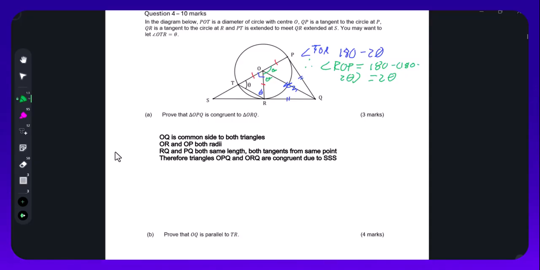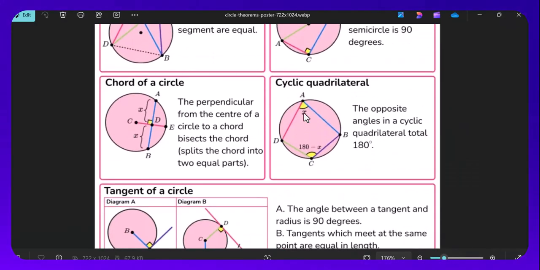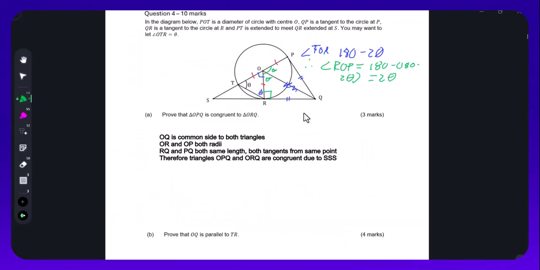Alright, now that we've got that, we have to use the theorem that from the radius down to the tangent ends up being 90 degrees. So that's in diagram A, we can see that, from the radius down to the tangent line being 90 degrees.